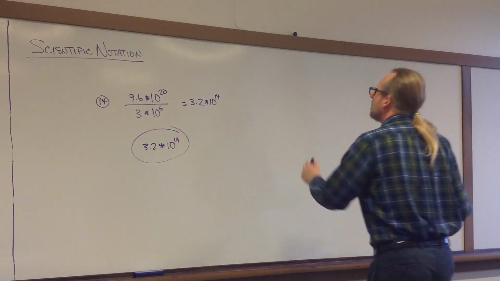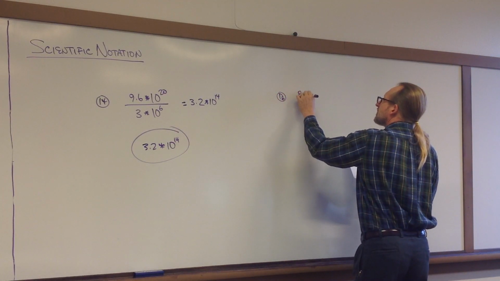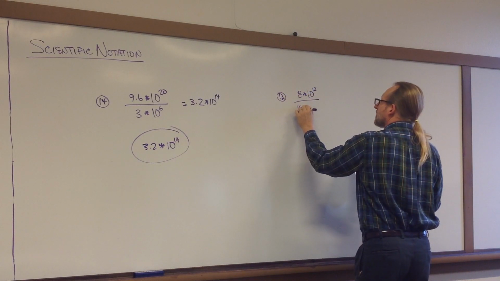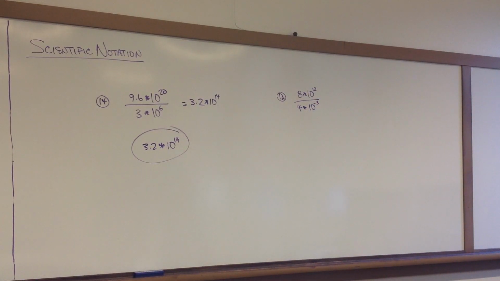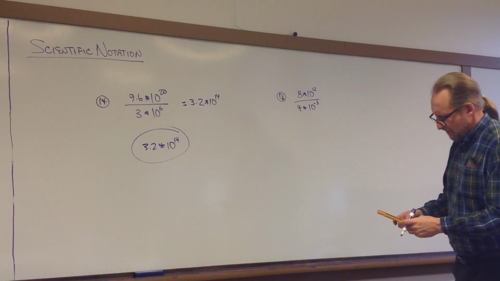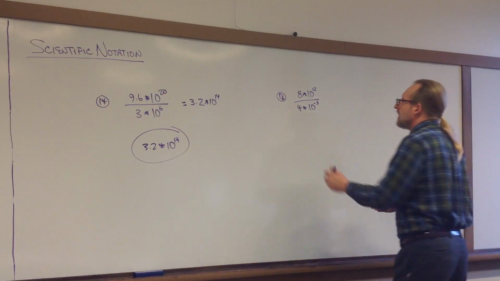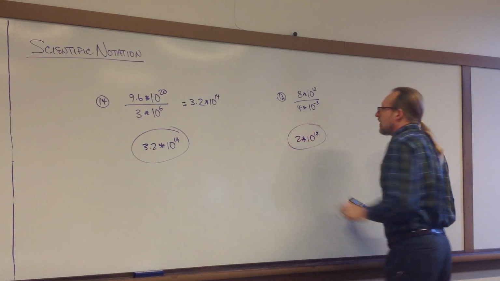Number 16, we've got 8 times 10 to the 12th over 4 times 10 to the minus 3. So again, if we do this on the calculator, 8e12 divided by 4e minus 3 gives me 2 times 10 to the 15th power.